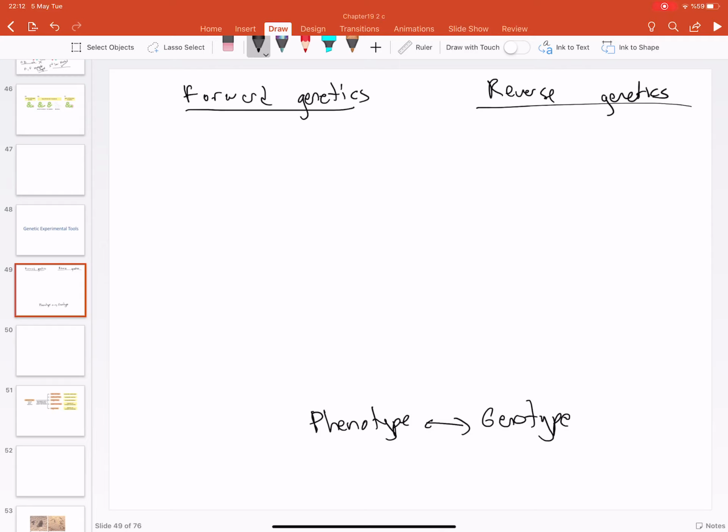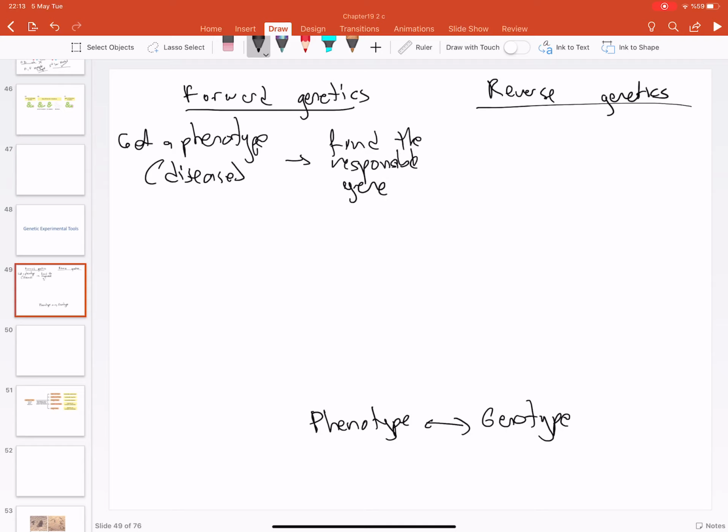So to understand that, first people start to get a phenotype, and it's usually a disease, and then they try to find the gene responsible for it. For example, there were many people working with Alzheimer's disease, and they compared the Alzheimer's disease people with the healthy people, and then they tried to understand what is the gene sequence responsible for that.